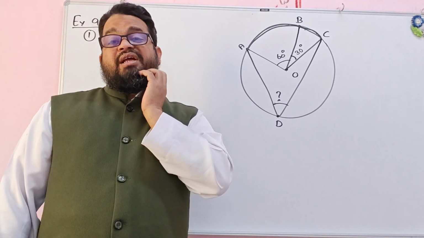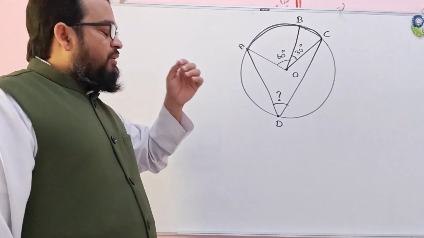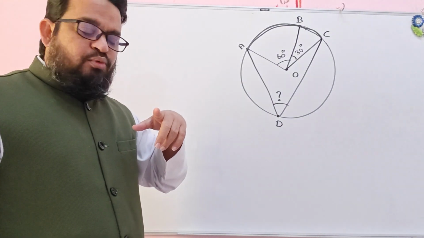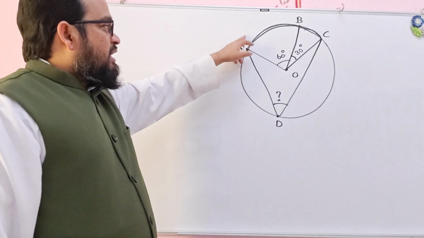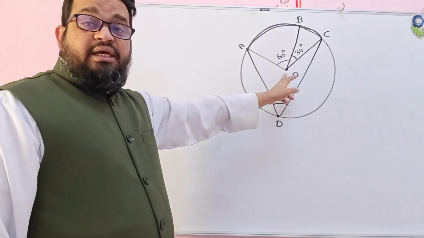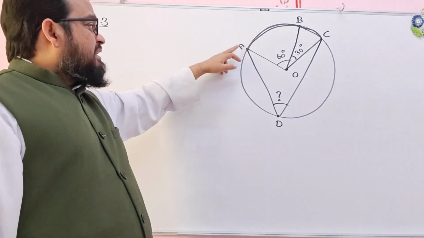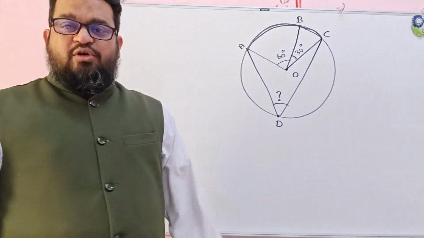Theorem 9.7. What does the theorem state? It states that the angle subtended by an arc at the center is double the angle subtended at any other point on the remaining part of the circle.